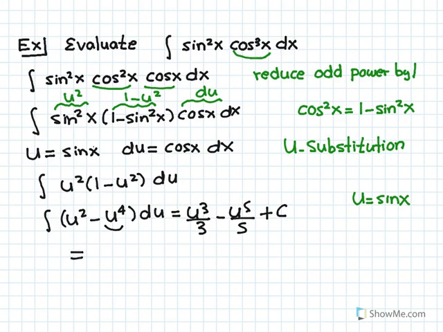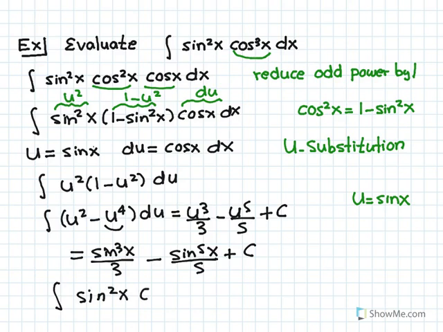So we get sine cubed x divided by 3, minus sine to the 5 x divided by 5, plus c. So the integral of sine squared x cosine cubed x dx is sine cubed x over 3 minus sine to the 5 x divided by 5, plus c.